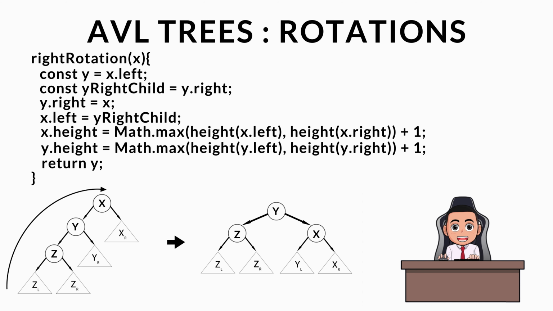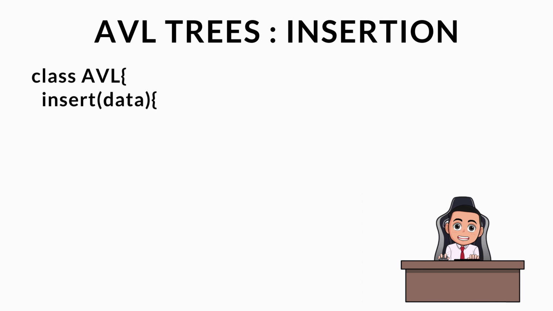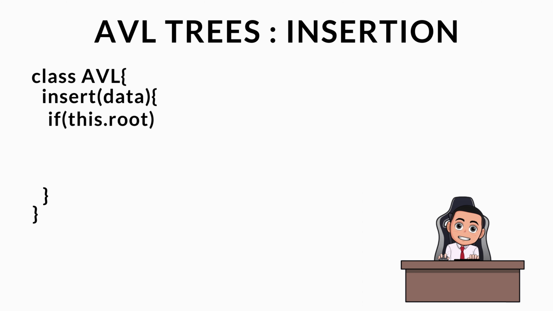Alright, so from here, let's move on to our insertion. So our insertion is going to be a little bit different from our binary search tree. Going over our insert method within our AVL class first, our insert method has a data param, the data that we want to insert within our tree. First, we check to see if we have a root. If we do, we just need to traverse the tree searching for a place for insertion.